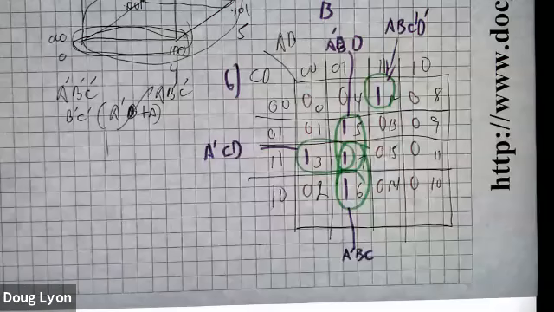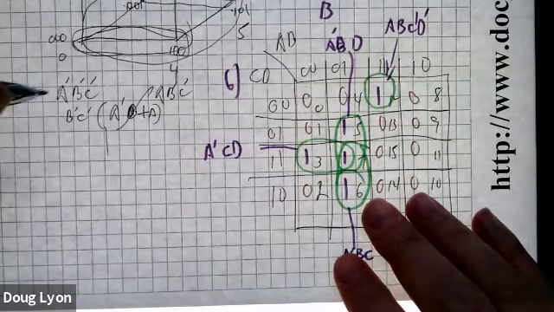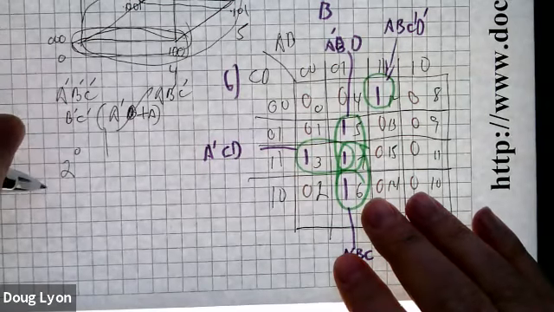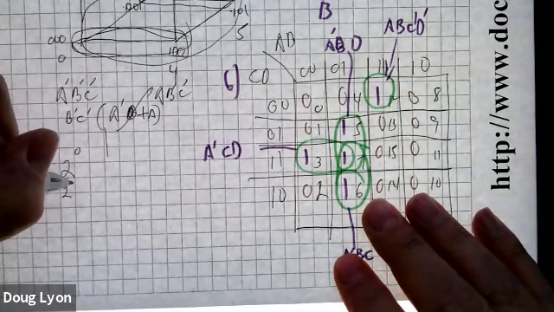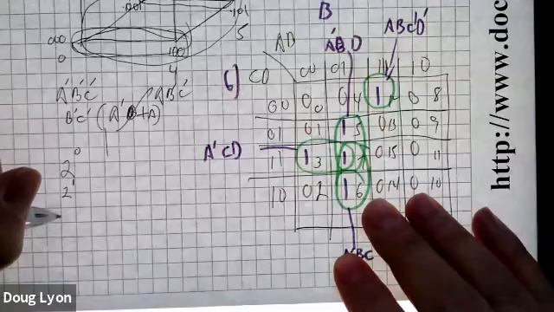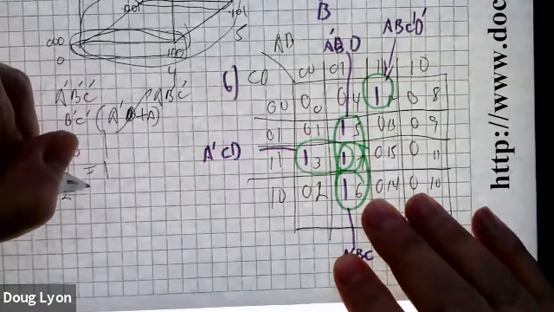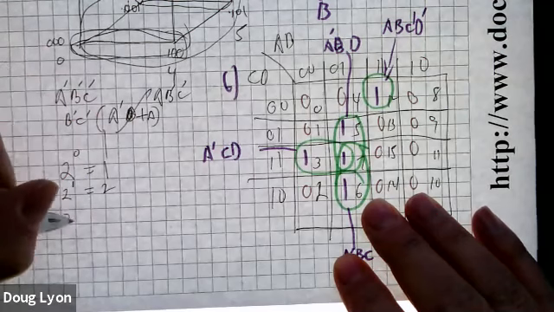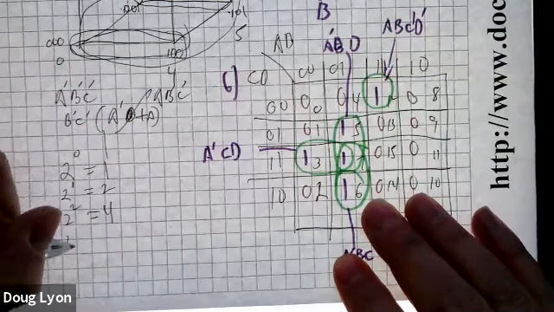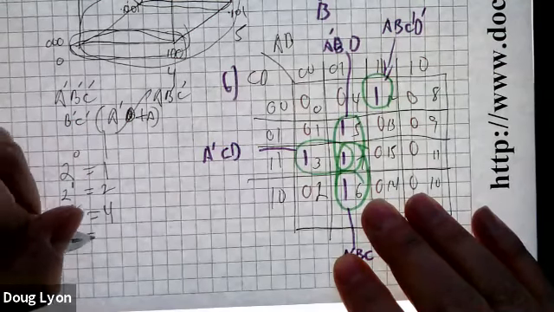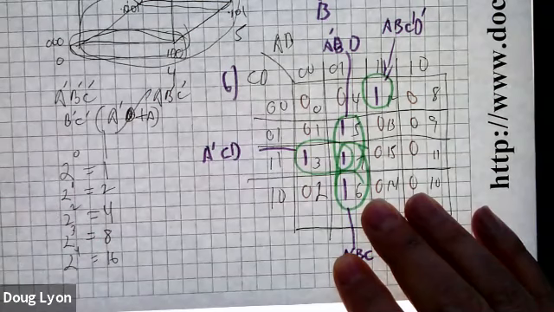Could you not do, just for clarification, 5, 7, and 6 altogether as one loop? No, because integral power of 2 means you can do 2 to the 0, which is 1, 2 to the 1 is equal to 2, 2 to the 2 is equal to 4, 2 to the 3 is equal to 8, 2 to the 4 is equal to 16, right?